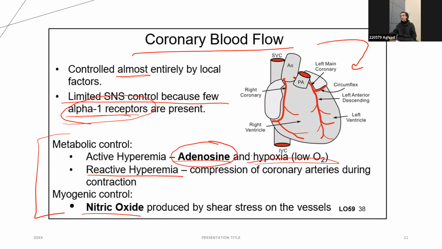Now, reactive hyperemia mainly happens during diastole. When the ventricles relax, the left ventricle mainly, they induce more blood flow by allowing for dilation of the vessels. Perfect.